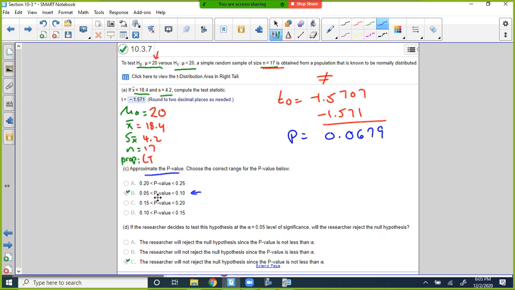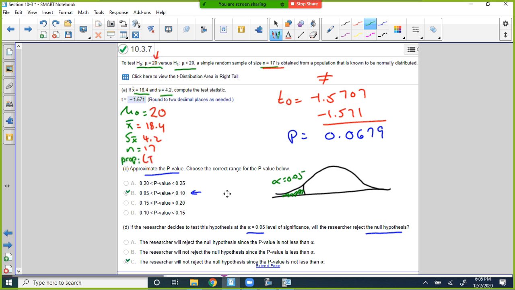between? So there. Now, if the researcher decides to test this with an alpha of 0.05, then will the researcher reject the null hypothesis? So if we look at this, let's do this because we can, right? It's a left tail. So I know, and this is just a generic drawing, right? And we got an alpha level of 0.05, which means that area is 0.05.